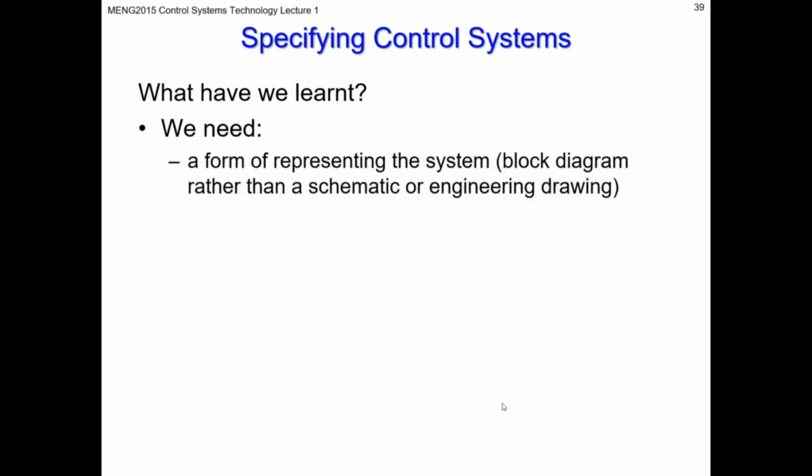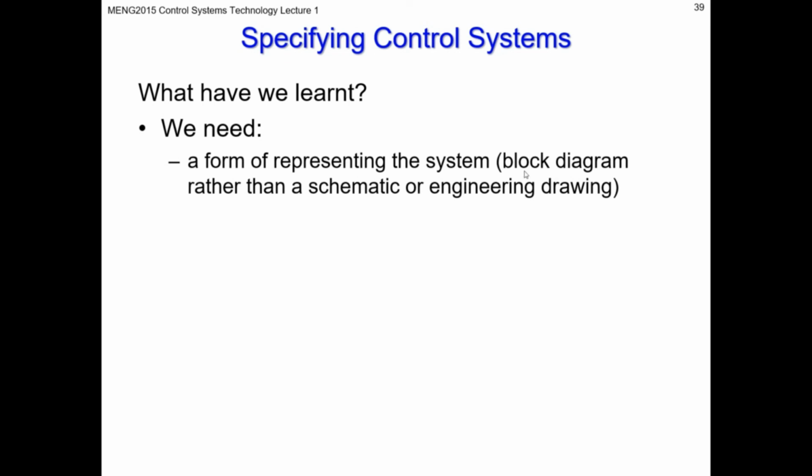So what we've learned is that we need some form of representing the system. We need some way of drawing it. And the way we do that in control system engineering is that we usually use a block diagram. There's another way that we sometimes can also represent our system, called signal flow graphs, but we're not going to look at that one.